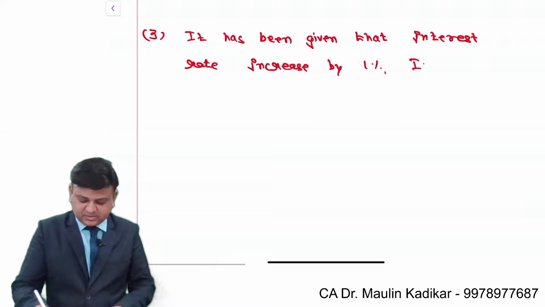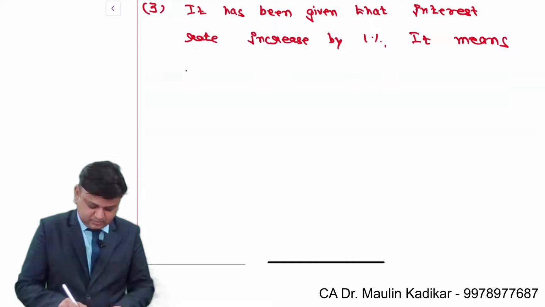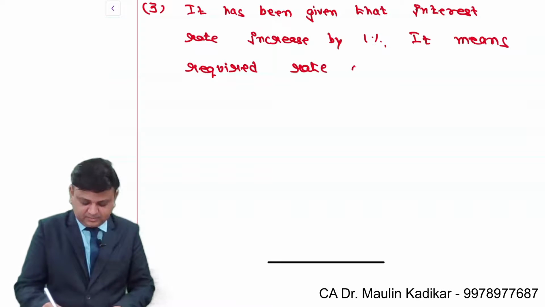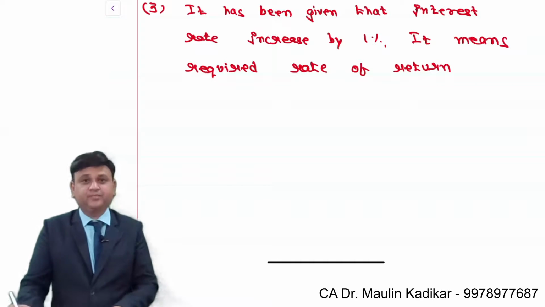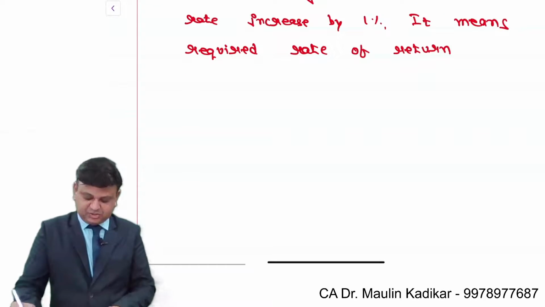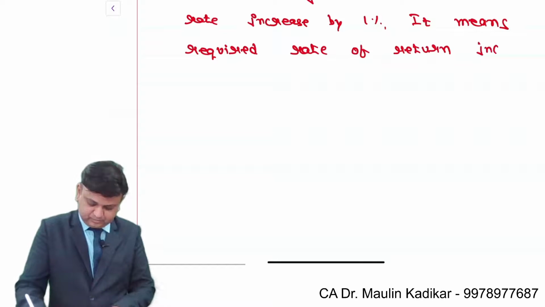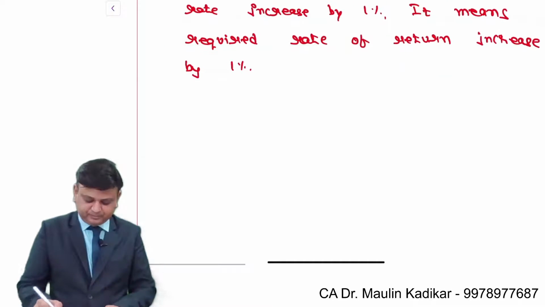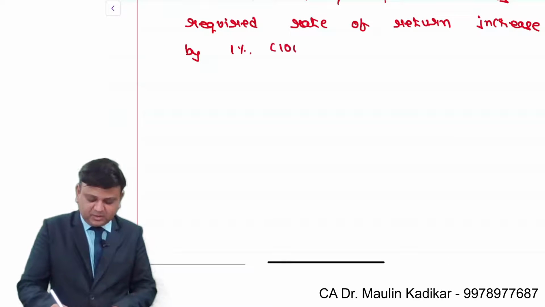It means the required rate of return increased by 1 percentage. Full stop. In bracket I am writing 100 basis points.